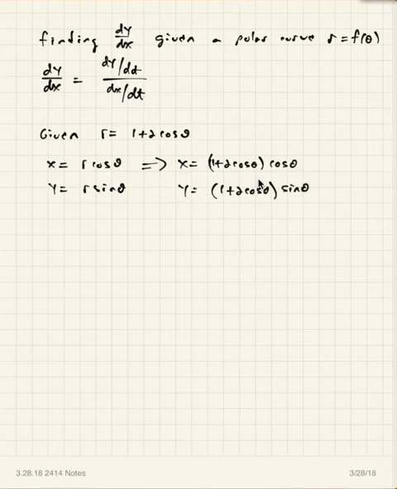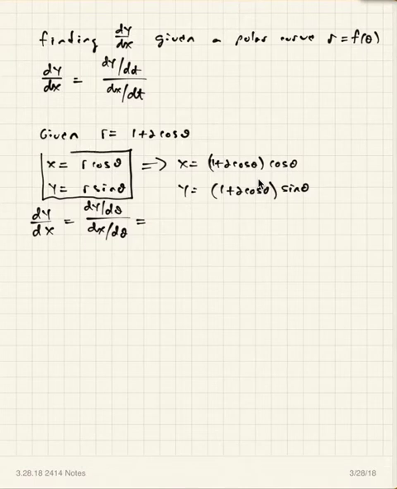And then you simply find dy/dx. Now you've got x and y expressed in terms of the parameter theta. So dy/dx would be equal to dy/d theta divided by dx/d theta. And this is how you can find dy/dx if you're given a polar curve. So you need the parametric form of polar coordinates, and then you're just substituting in the r value there, and then you've got the parametric equations that you need.